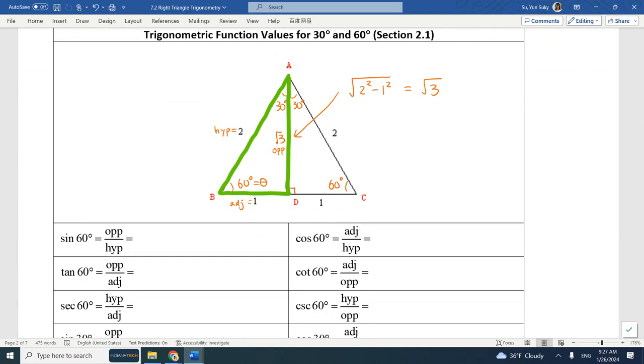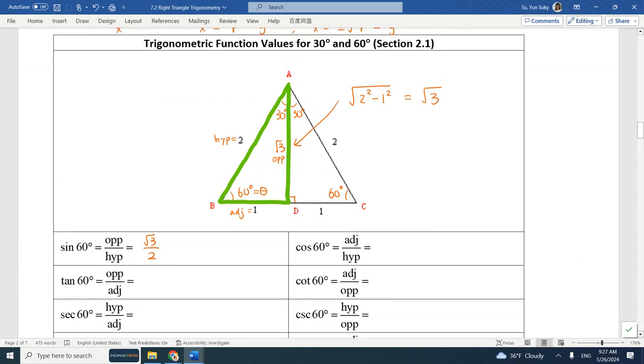What's the opposite? Yes, good. Square root of 3 over 2. And then, next student, what's cosine 60 degree?